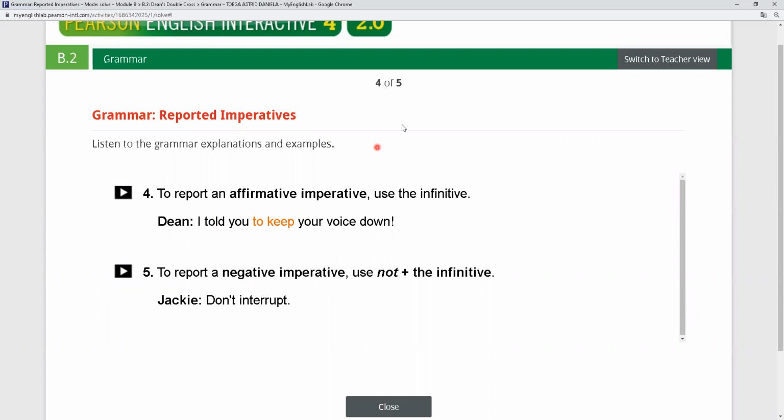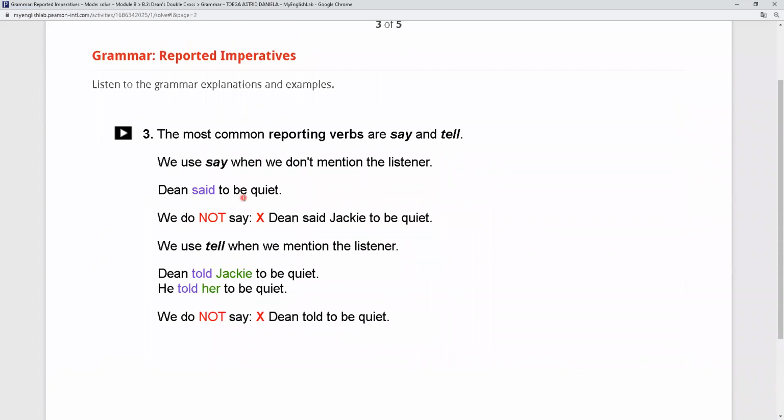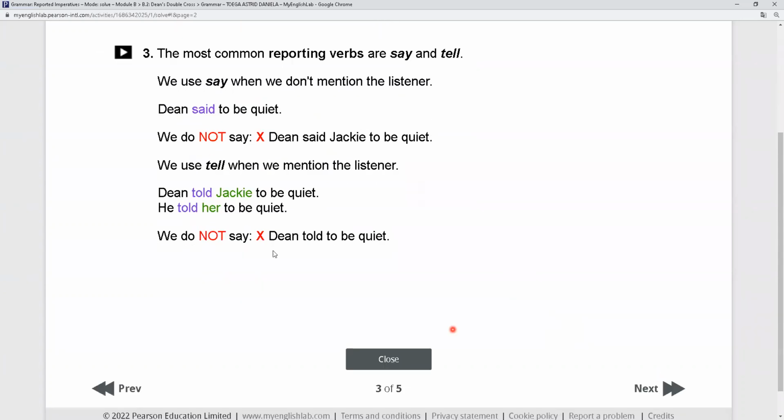So, for example, if you're gonna say, be quiet, right? Let's take a look. Okay, this is the imperative, right? The direct imperative. Be quiet. So I'm gonna say, Dean said the infinitive, to be quiet. The infinitive, where is the place of it? Where do I have to place it? It's at the beginning, the to, with the reported imperative, right?